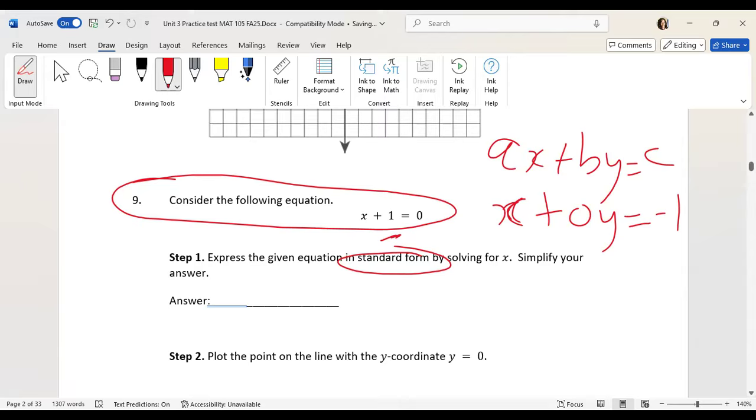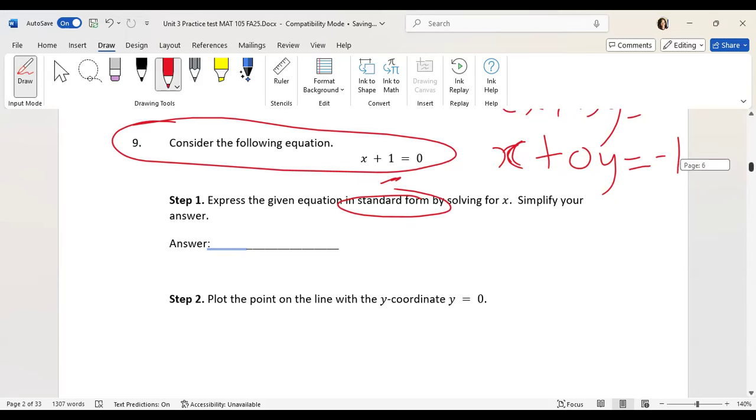Let's see what the question says. Simplify your answer. We did. We wrote it in standard form. Then it says plot the point on the line with the given y coordinate, y equal to 0.